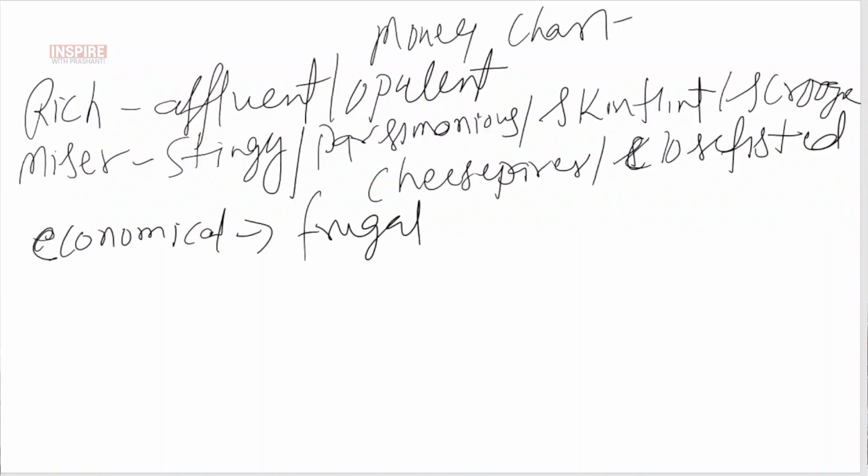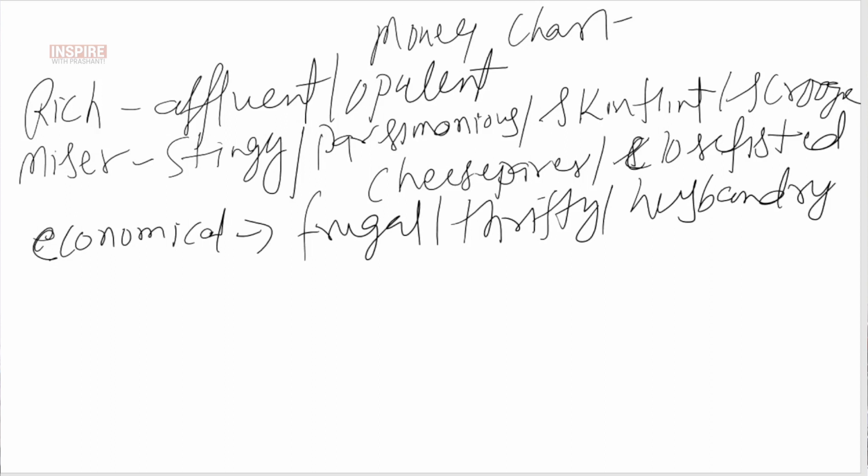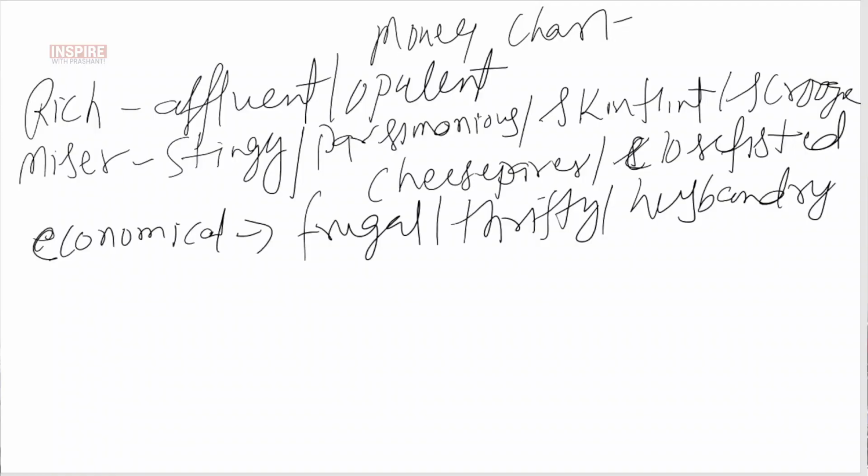Guys: frugal, thrifty, husbandry. I'm talking about economy, I'm talking about economical, right? When I talk about frugal management, when I talk about thrifty management, when I talk about economic conservation, I use the word husbandry because the base word is husband, and this might be sounding funny, but this is not the husband that you are thinking.